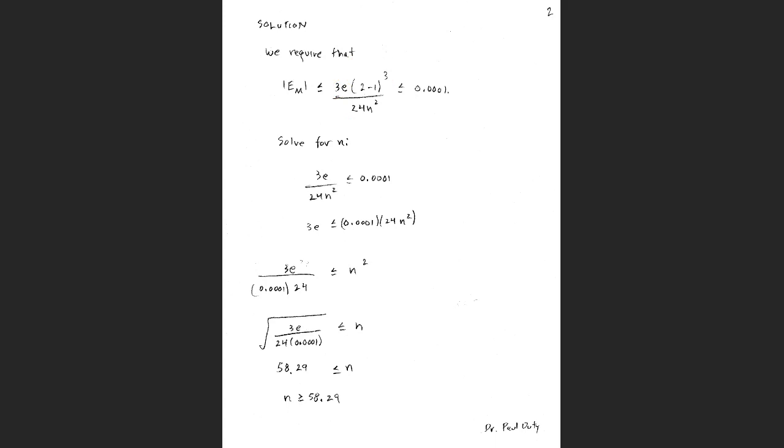We found that from the previous example, so we don't need to redo that again. The question is, what's n going to be?